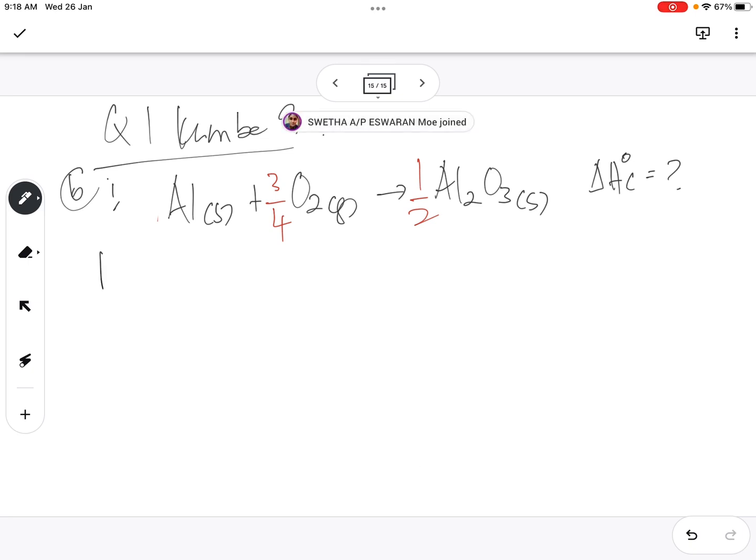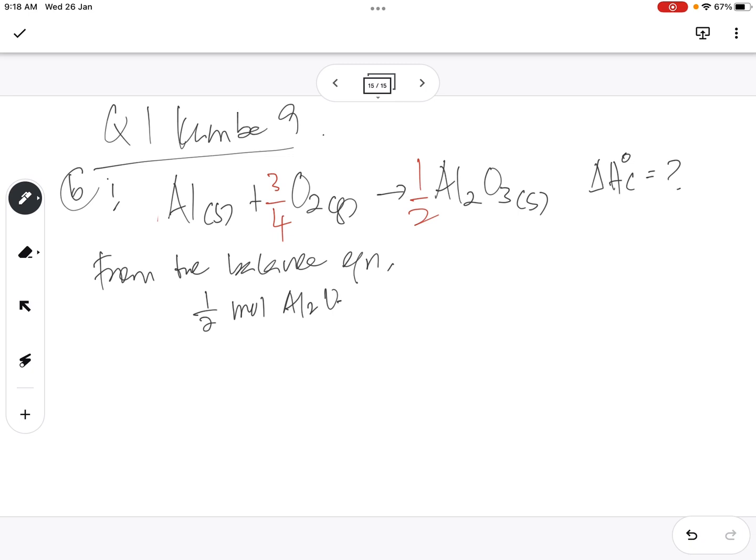We have to see from the balanced equation, looking at the stoichiometry: half mole of aluminium oxide is produced from 1 mole of aluminium. From the question, 0.25 mole aluminium oxide, so we find how many moles of aluminium: 0.25 divided by 0.5 gives 0.5 mole of aluminium.